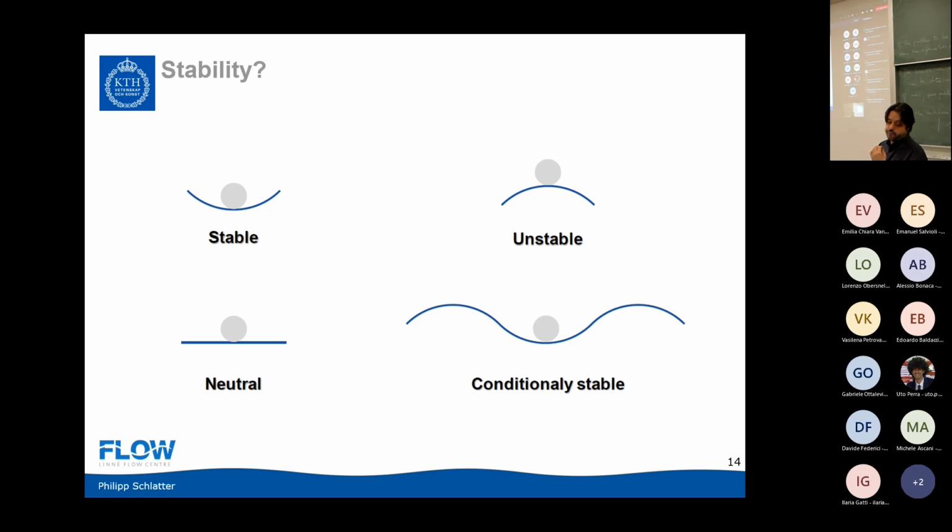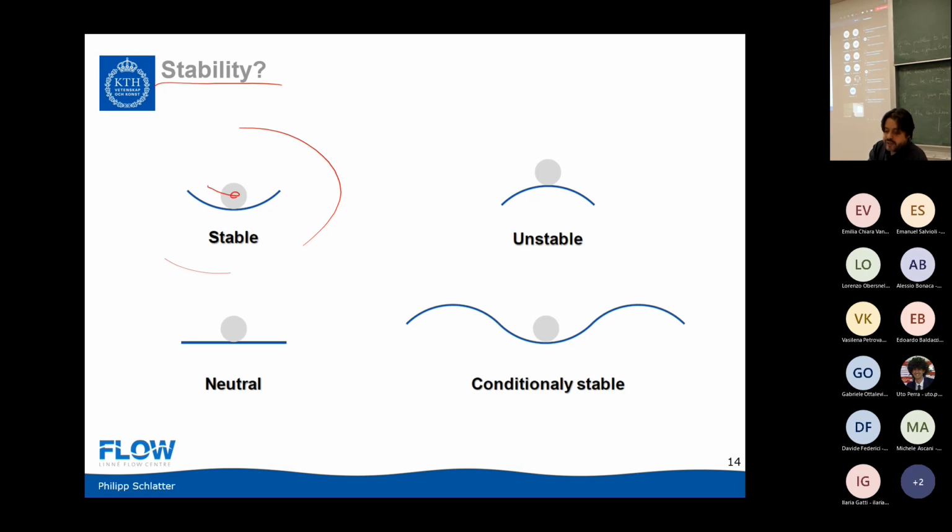So if you first just talk about the concept of stability, the basic idea is we would like to understand whether a state is stable or unstable. Stable, as illustrated here, is just a ball in a kind of curved bowl.